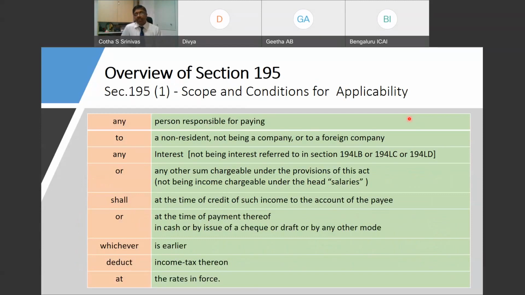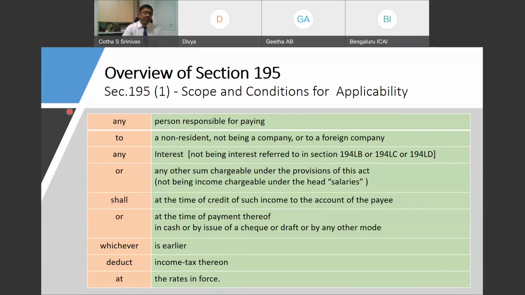It says any person responsible for paying to a non-resident, not being a company, or to a foreign company, any interest, not being interest referred to in section 194LB, LC or LD, or any other sum chargeable under the provisions of this Act, not being income chargeable under the head salaries, shall, at the time of credit of such income to the account of the payee or at the time of payment thereof, in cash or by issue of cheque or draft or by any other mode, whichever is earlier, deduct income tax thereon at the rates in force.